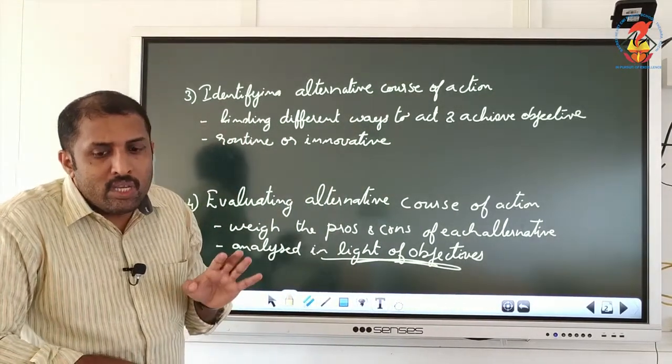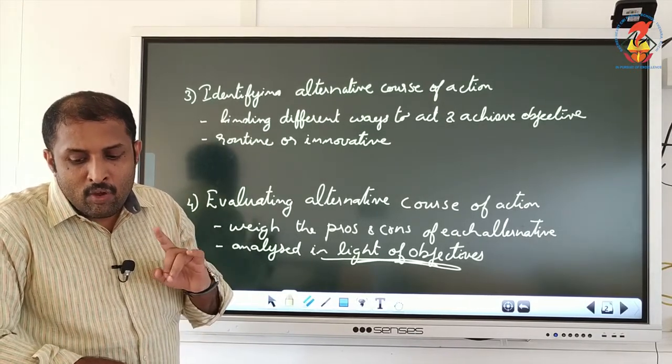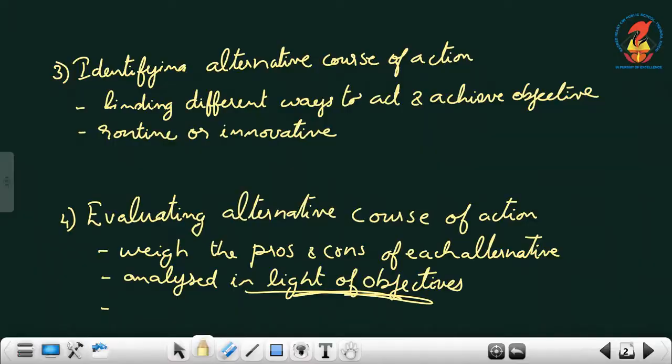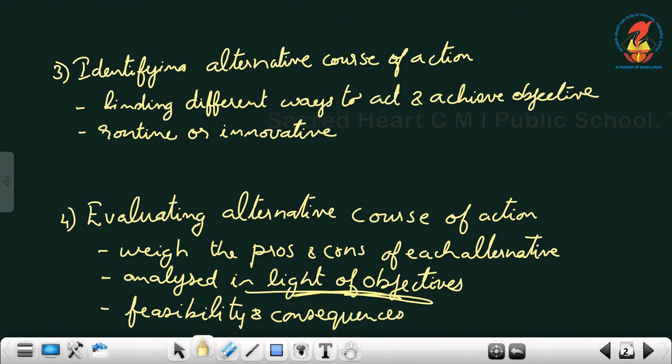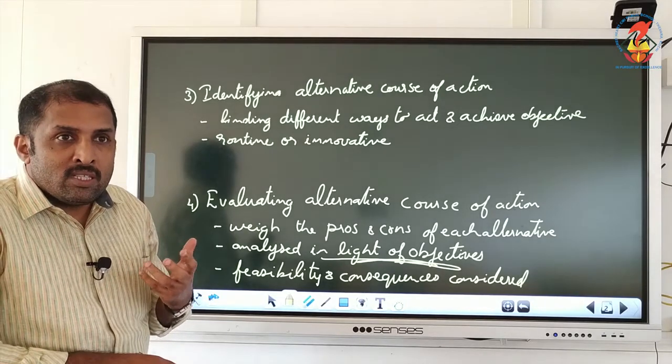Each alternative is analyzed, and their feasibility and consequences are also considered. Whether they are apt, what will happen if we choose that particular alternative, that is also to be considered.